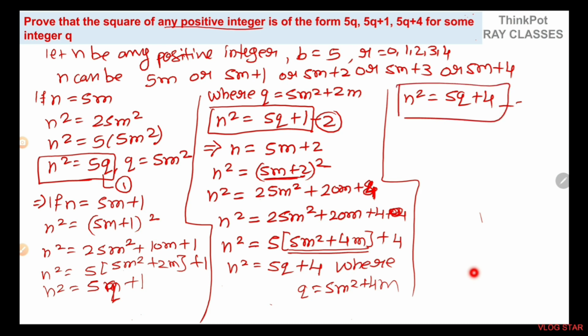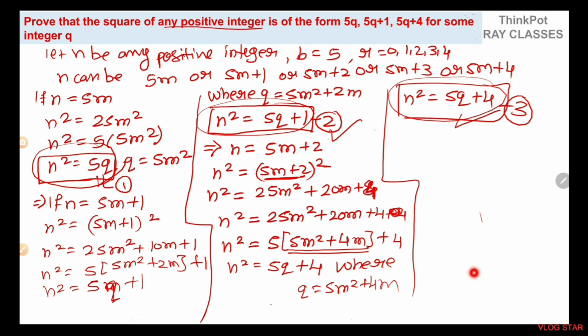So we can see from cases number 1, 2 and 3 that the square of any positive integer is given in the form of either 4q, that is point number 1, or 4q plus 1, that is point number 2, and 4q plus 4, that is point number 3.